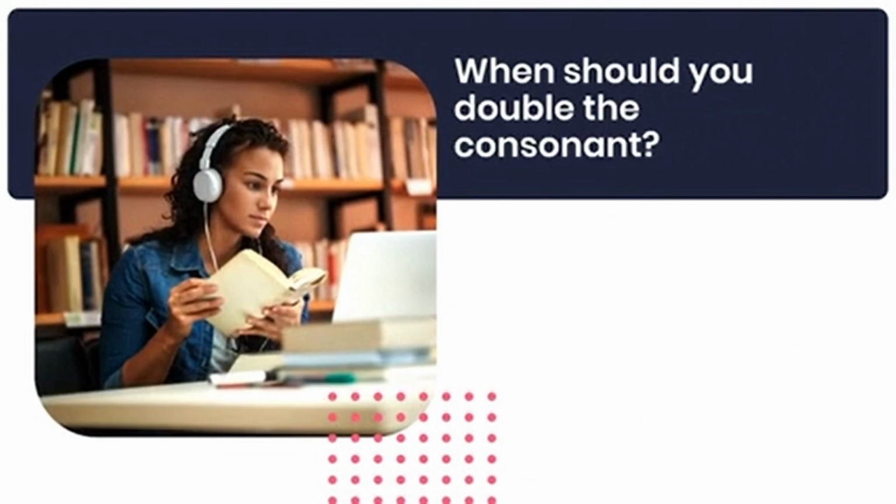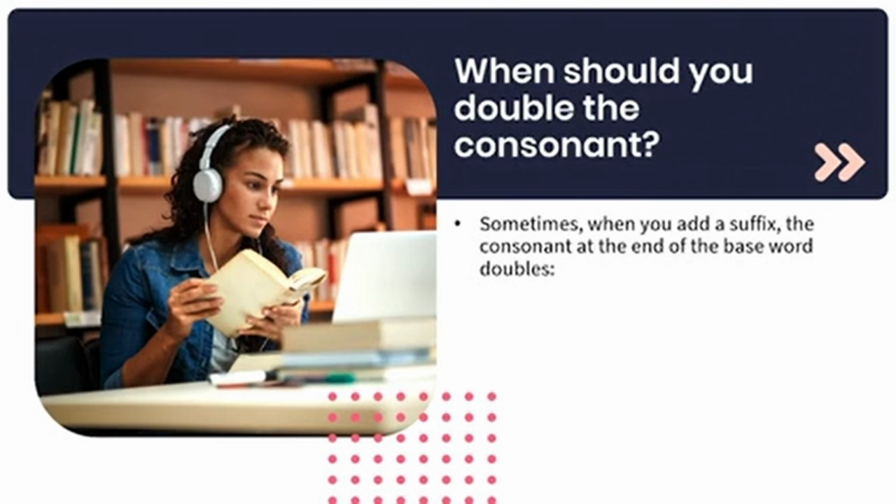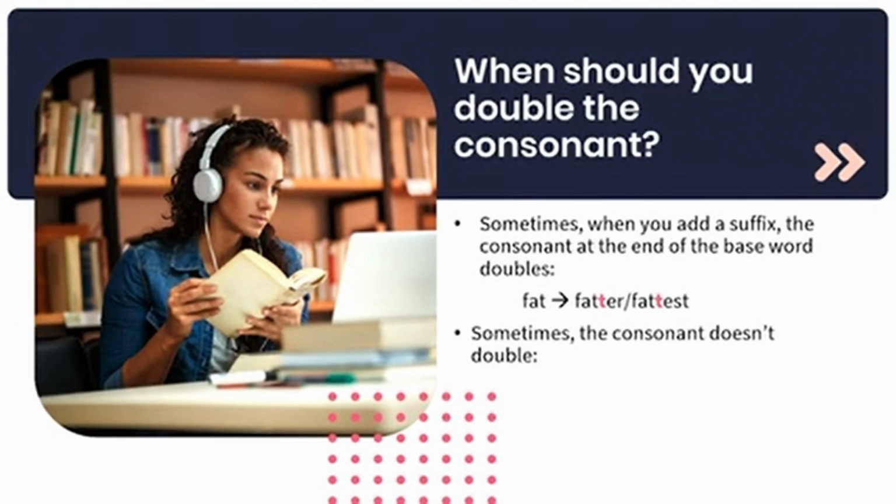Now, sometimes when you add a suffix to the end of a word that ends in a consonant, the consonant at the end of the base word doubles, such as in the words fatter and fattest. As you can see, the consonant T at the end of the word doubles because the suffix ER or EST has been added. However, sometimes the consonant doesn't double, such as in pinker to pinkest.